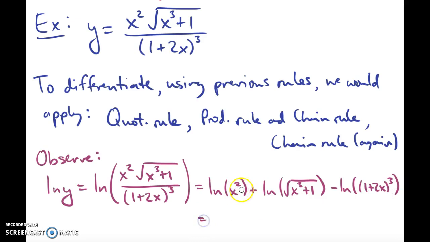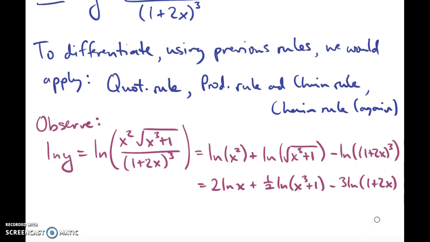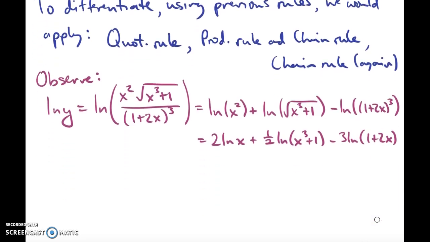And we can use that exponent rule to bring that out as a coefficient. 2 natural log of x plus 1/2 natural log of x cubed plus 1 minus 3 natural log of 1 plus 2x. And the idea with logarithmic differentiation is now, let's differentiate with respect to x.